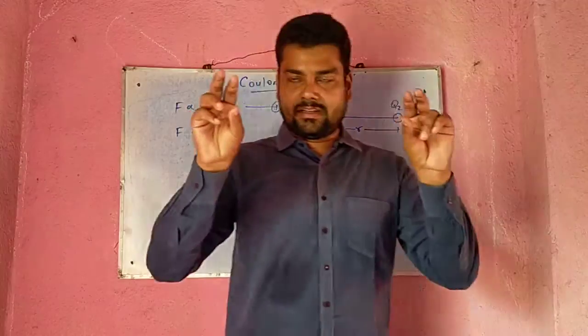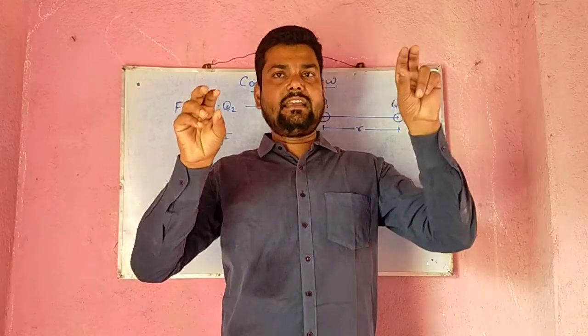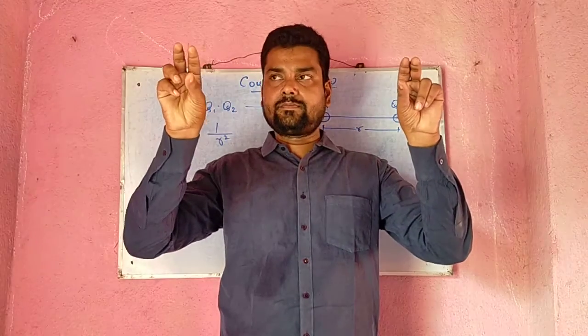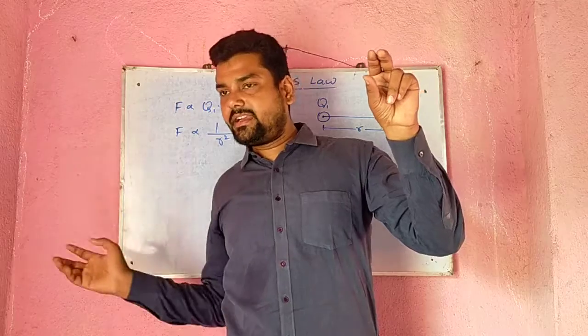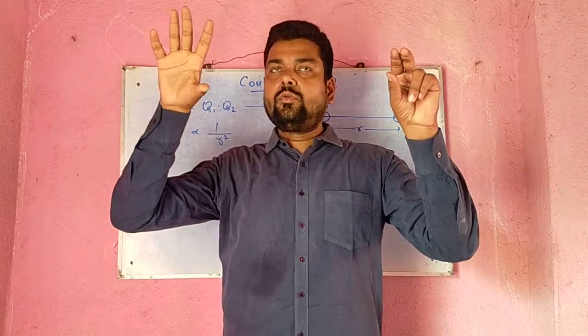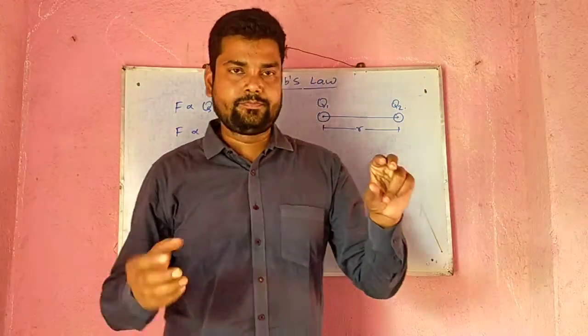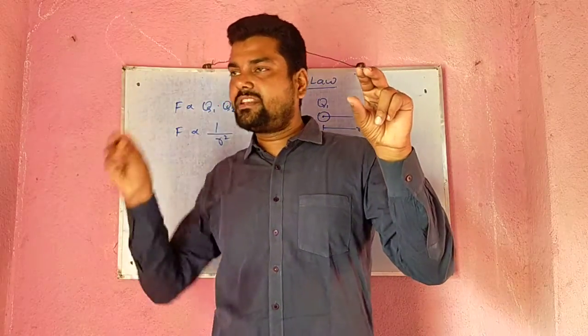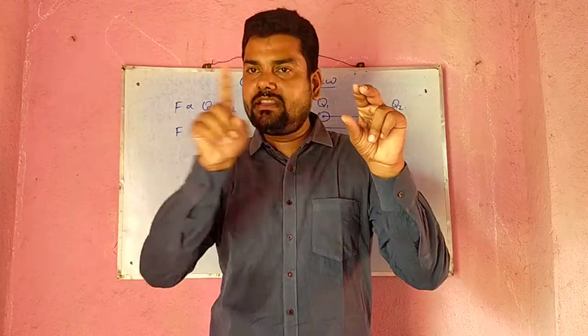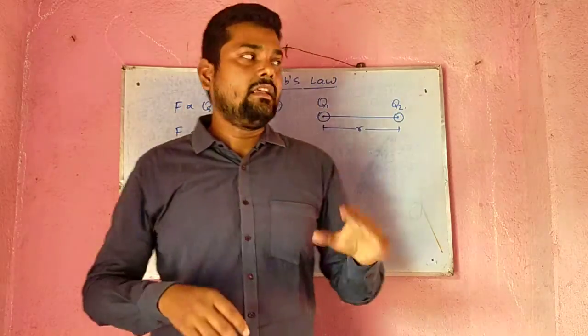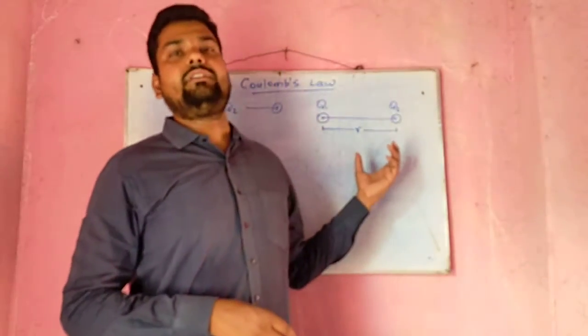Like I have got two magnets at some separation. If I replace this magnet with a bigger one, the force between these two magnets will increase. If I replace the magnet with a smaller one, the force between these two magnets will decrease. Likewise, the same is the property with charges.